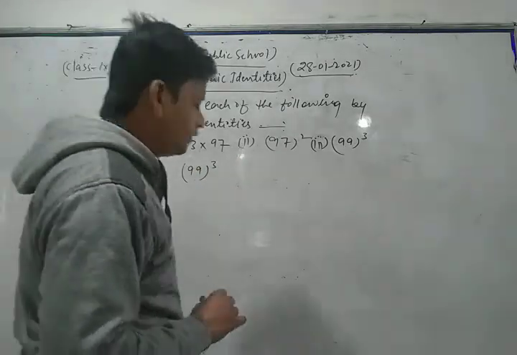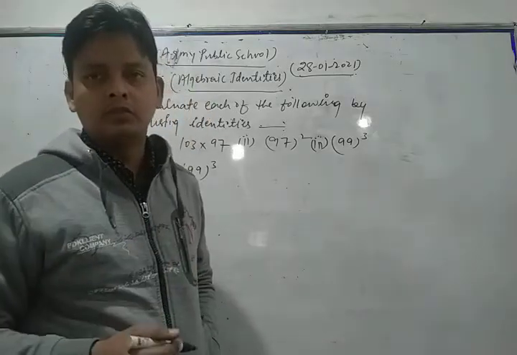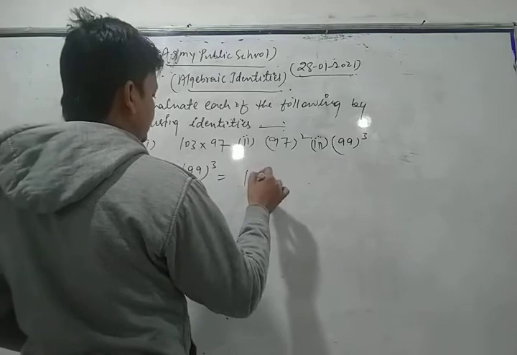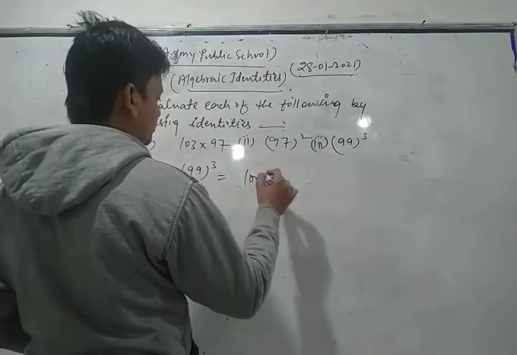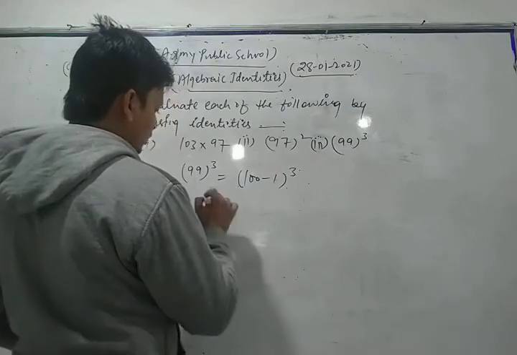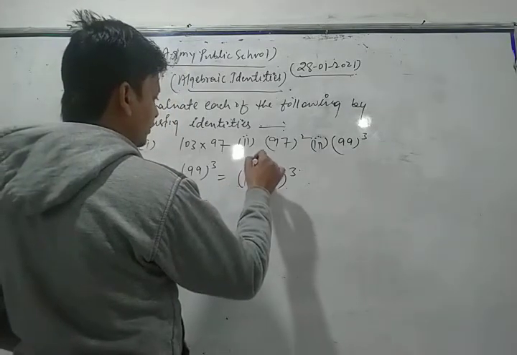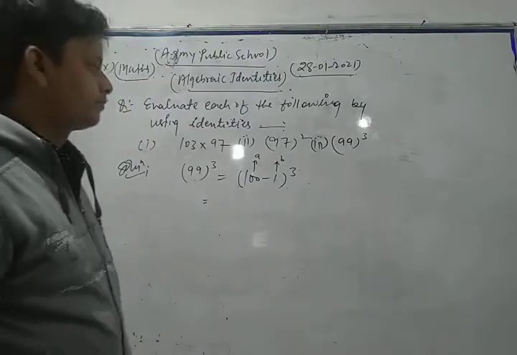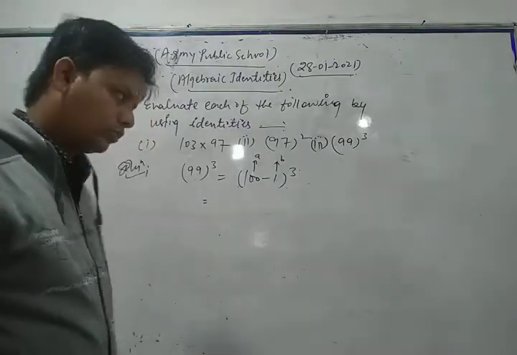We can write 99 as 100 minus 1, so 100 minus 1 whole cube. This is the form of a minus b.